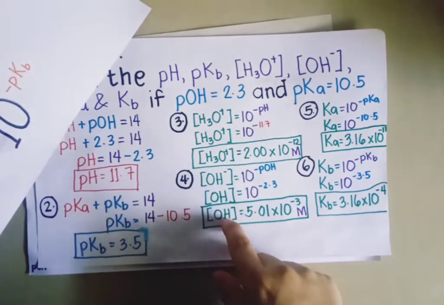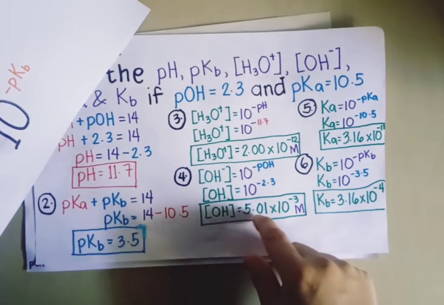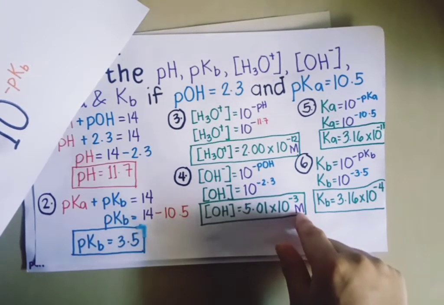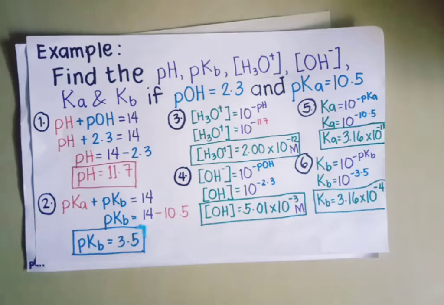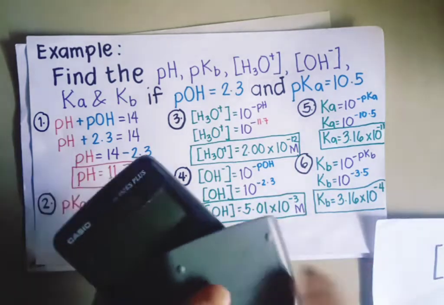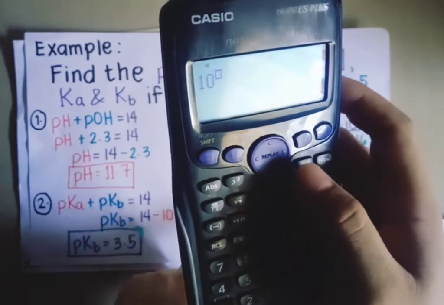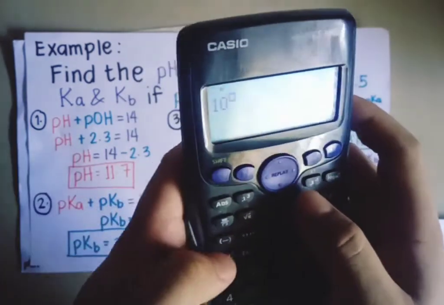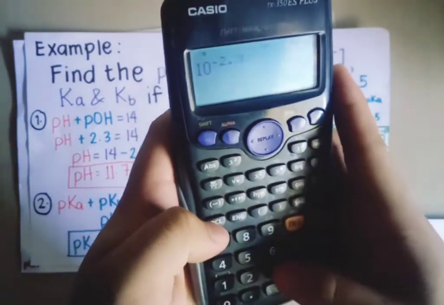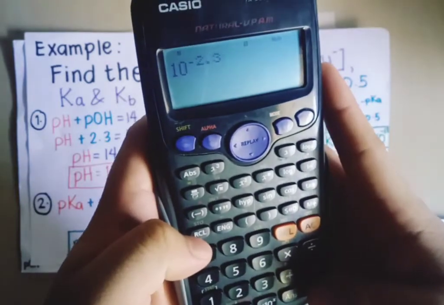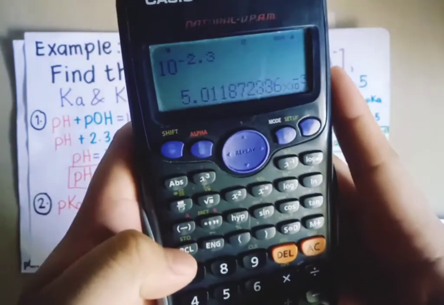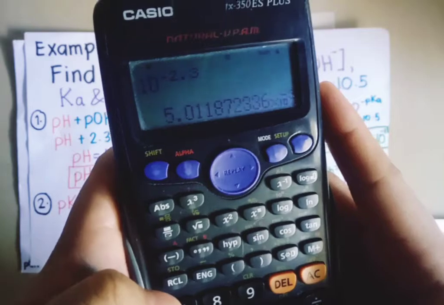And the hydroxide ion concentration is 5.01 times 10 raised to negative 3 molar. Just for you to see how we arrived at this answer, 10 raised to negative pOH, which is negative 2.3, and we will have 5.01 times 10 raised to negative 3.